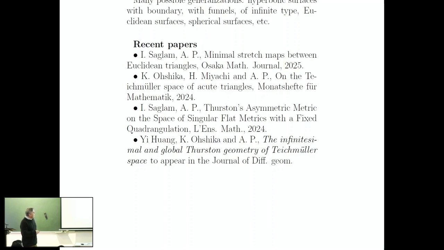So I mentioned that some of the metrics which you define on spaces of metrics turn out to be not Riemannian metrics, but something weaker, which is called Finsler metrics.